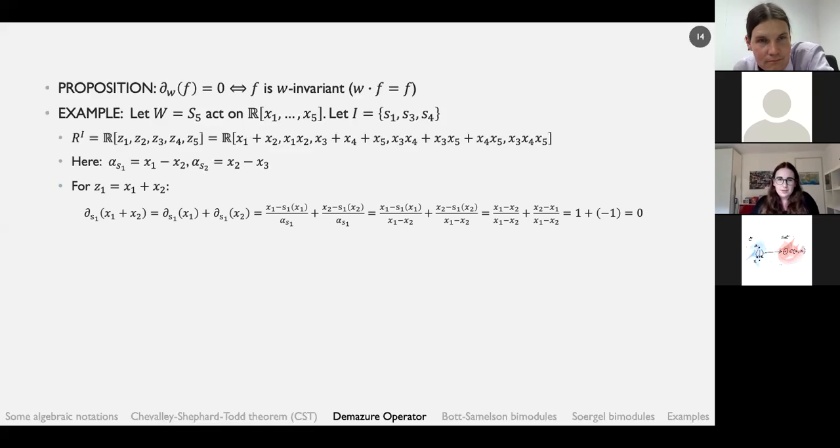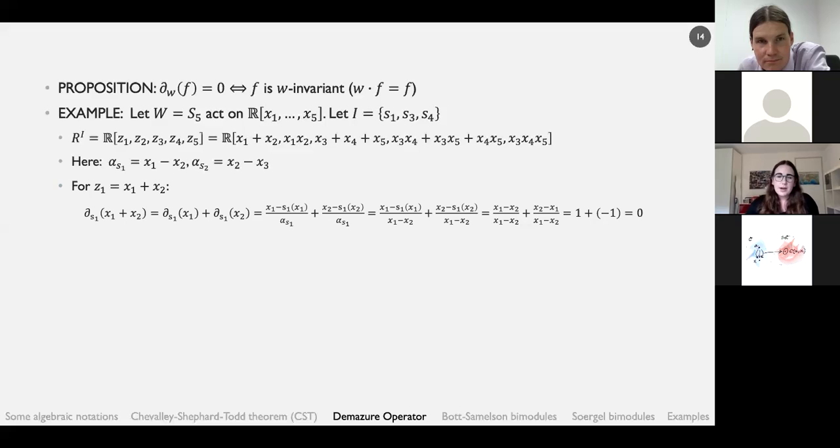Then we plug in the definitions of the divisor operator, and use the fact that alpha S1 is x1 minus x2. And then S1 of x1 is simply x2, and S1 of x2 is x1. So if we use that, we get 1 plus minus 1, which is equal to 0. And in the same way, it works for the other elements Z2, Z3, Z4, and Z5.